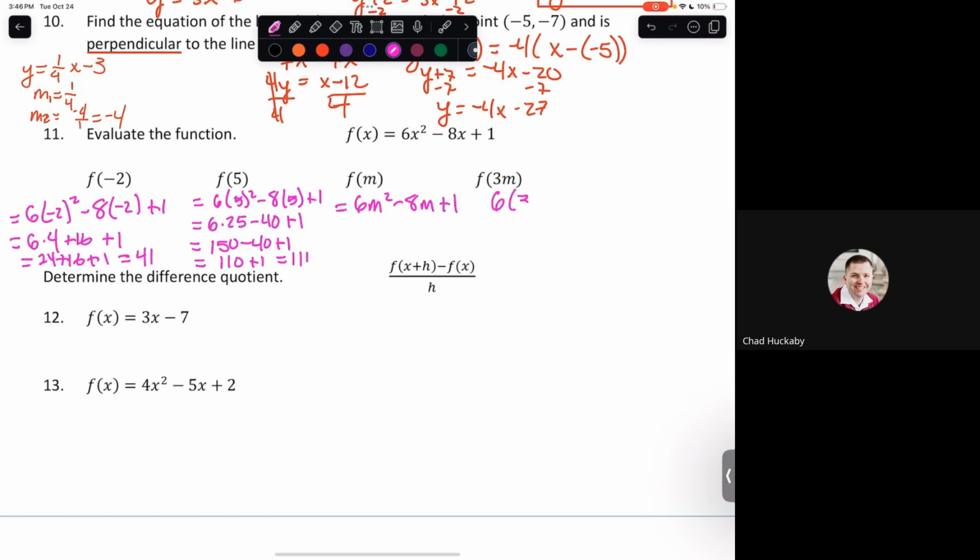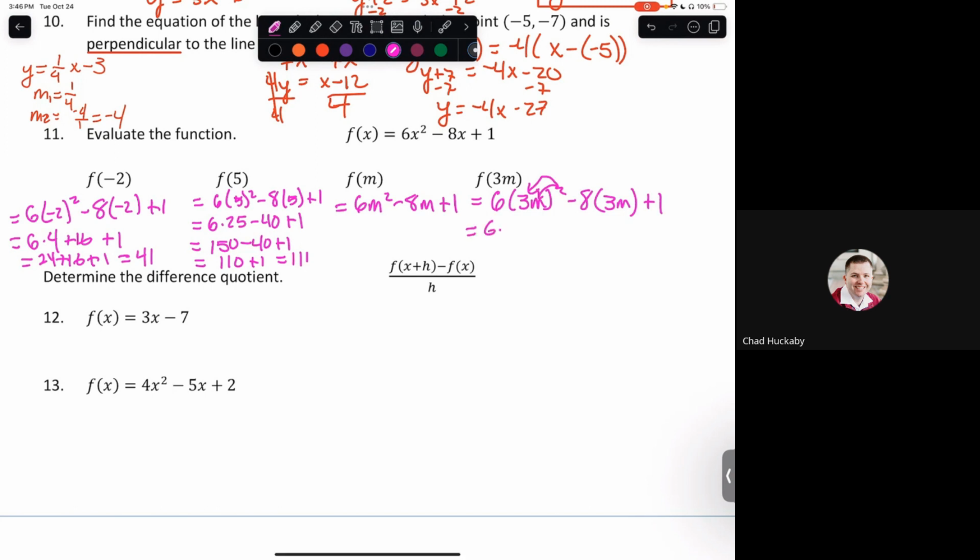So we have 6 times 3m squared minus 8 times 3m plus 1. Now, you may be tempted in this next step to say, well, 3m squared is just 3 times m squared. But you will have missed that we need to take the square to both pieces.